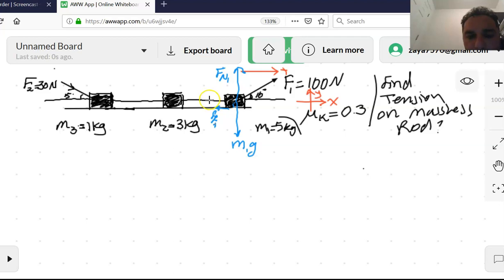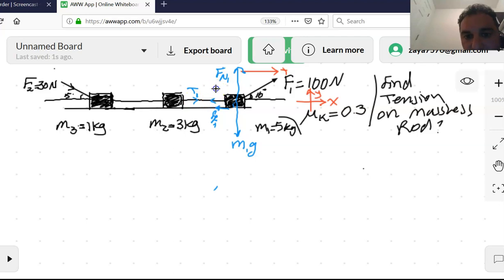Then what do we have, guys? For M2, we do have one tension here. I call it T1. For any action, there is a reaction, equal and opposite.